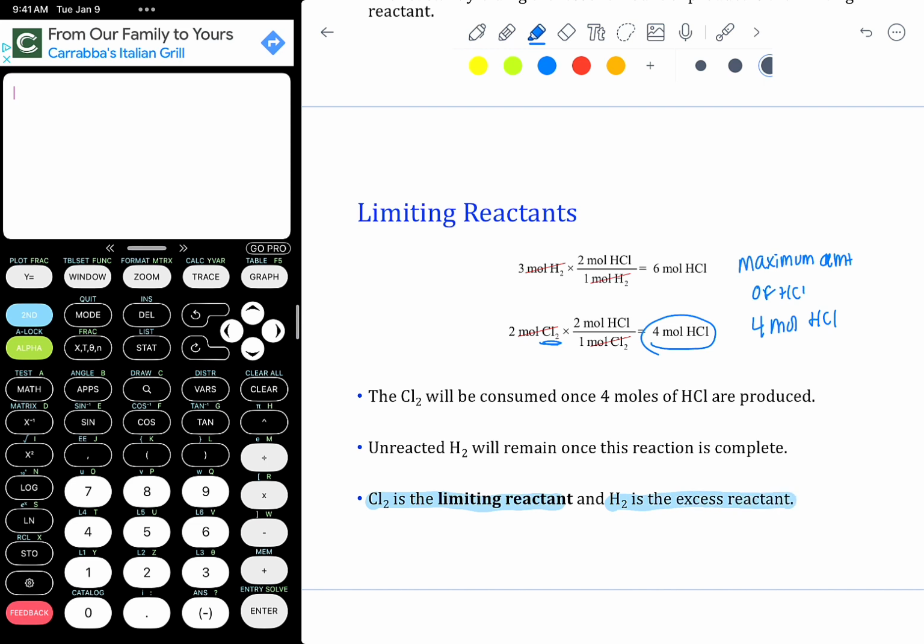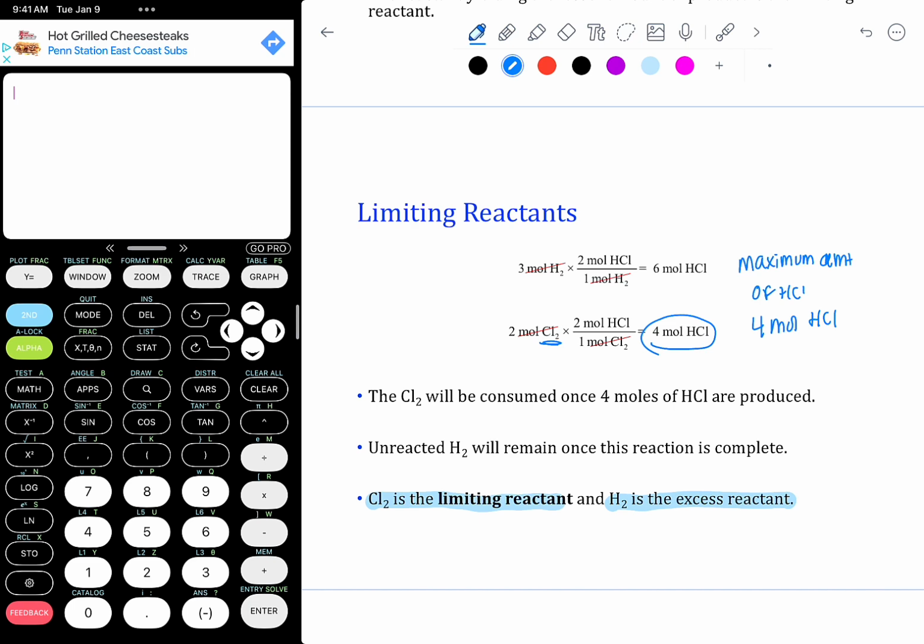Excess reactant in this case means that there's extra hydrogen floating around in our reaction vessel that's left unreacted. So there's extra hydrogen gas in there rather than hydrochloric acid. If we know what's excess, we can then calculate exactly how much hydrogen gas is left floating around in our reaction vessel.